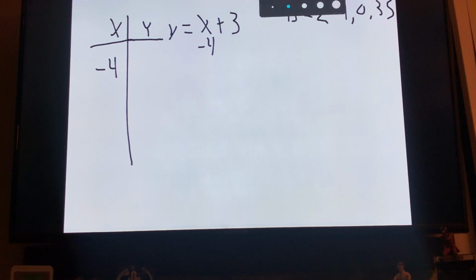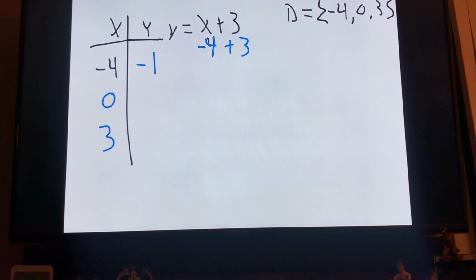I'll do a different color, that way it mixes it up a little bit. So what's negative 4 plus 3? Negative 4 plus 3 should give us what? Negative 1. So what's our first ordered pair? Negative 4, negative 1. And I'll go ahead and put these two so you can see 0 and 3.